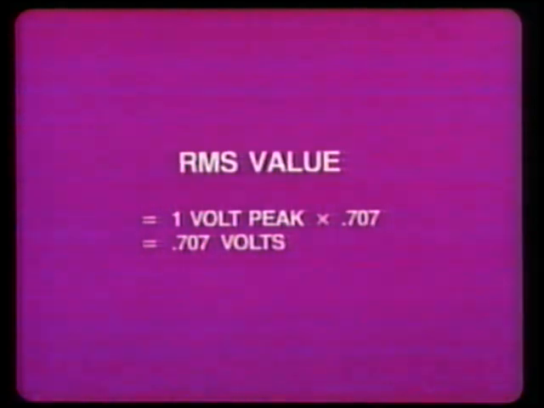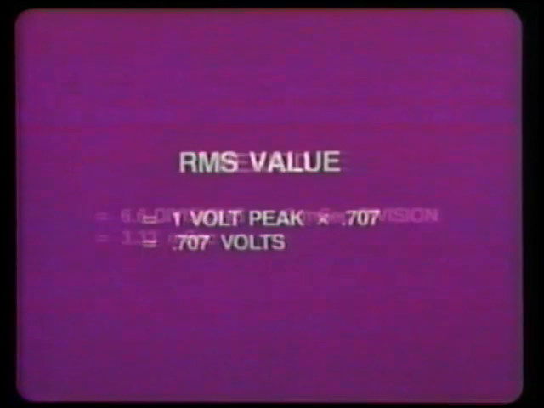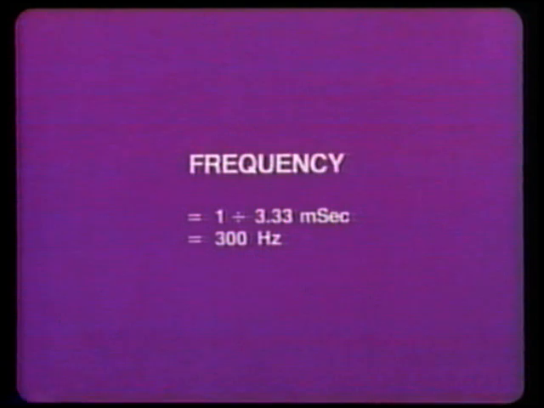The RMS value is 1 volt peak times 0.707, or 0.707 volts. The period equals 6.6 divisions times 0.5 milliseconds per division, or 3.33 milliseconds. The frequency equals 1 divided by the period of 3.33 milliseconds, or 300 hertz.